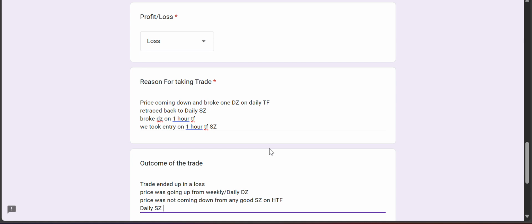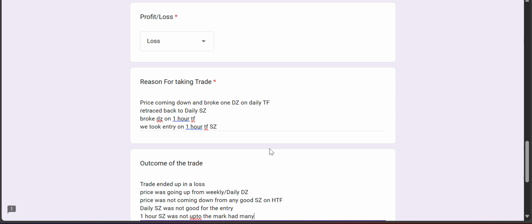Daily supply zone was not good for the entry. 1 hour supply zone was not up to the mark.